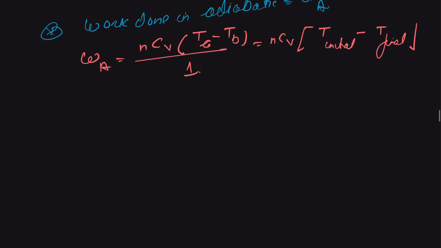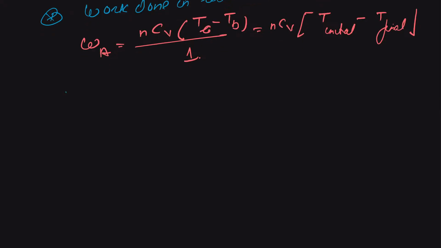Initial temperature is the same, so we can say our W adiabatic is 1 times Cv, and initial temperature is 300, final temperature is T, which we are going to find out. Okay. And I think I missed something. I missed gamma.